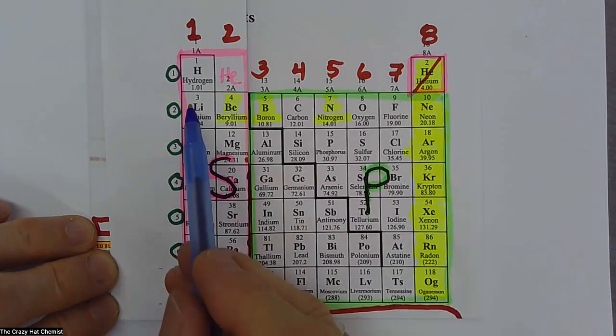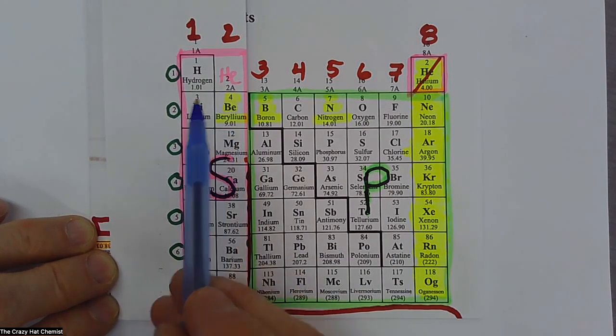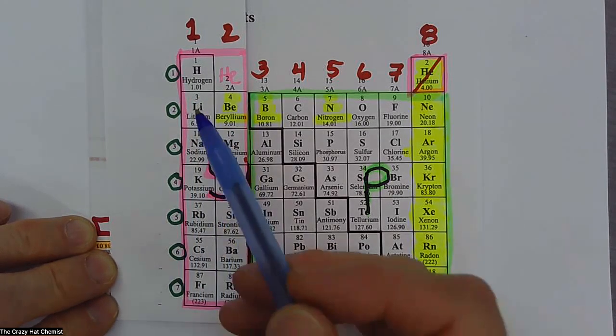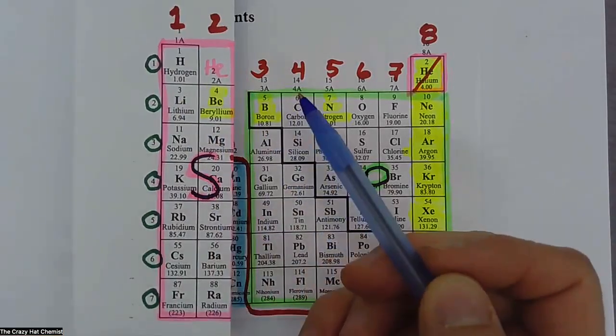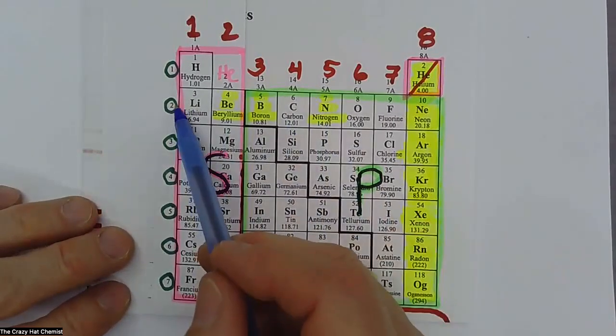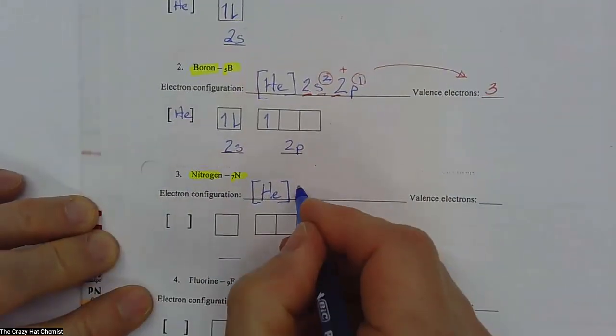Now I'm going to do 3, 4, 5, 6, and 7. To do 3 and 4, that is going to be in floor number 2. It's an s-type orbital. It's 1, 2. And then I'm going to have to stop because, again, the periodic table breaks. So I'm going to write down 2s2. There we go.